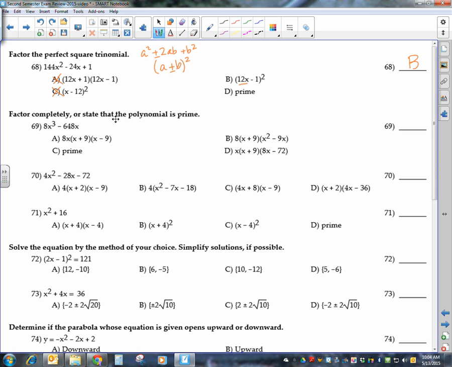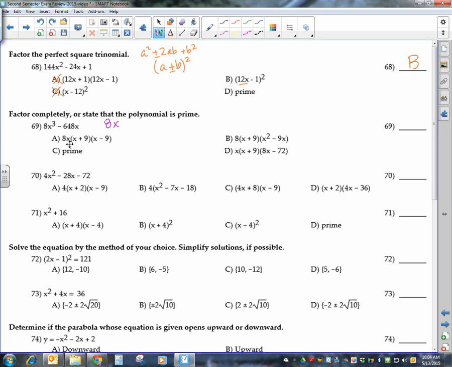Factor completely or state that the polynomial is prime. So when you have two terms, again, you can multiply these out, but let's look at this. If you have two terms, you're looking for the greatest common factor. So does 8 go into 648? That would be the first thing to try. So 648 divided by 8 is 81. So I'm going to take out an 8. They both have an x, so I'm taking out an 8x.